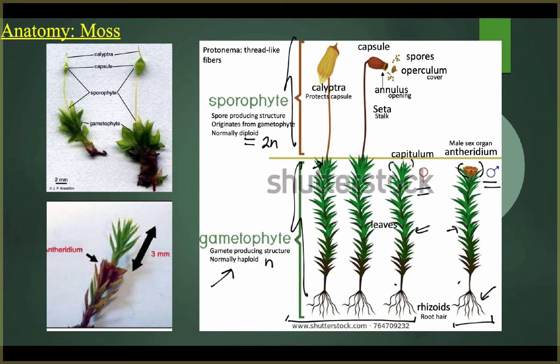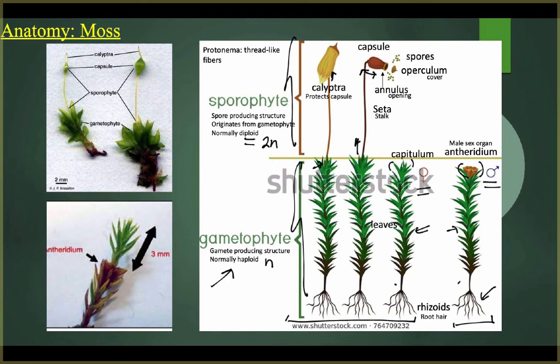Now, this top area that you see is called the capitulum. What originates or comes out of that is what's called a seta, and this is the stalk. At the end of the stalk, you have the capsule, and you can see the capsule right here. The capsule can get a protective covering called the calyptra, which is this structure here.